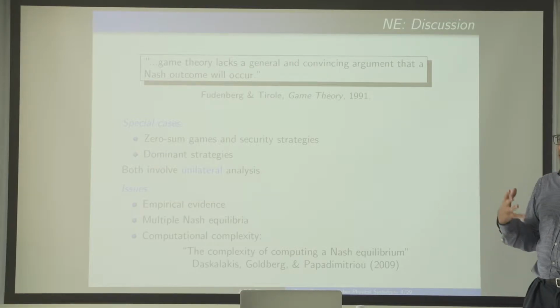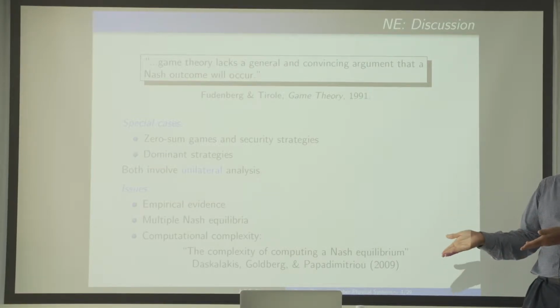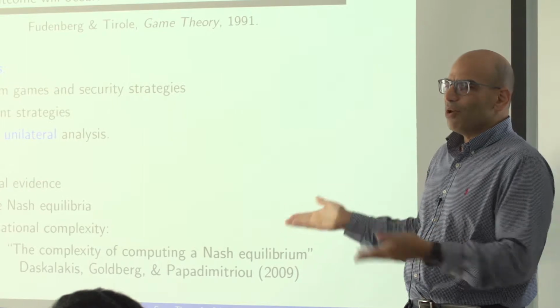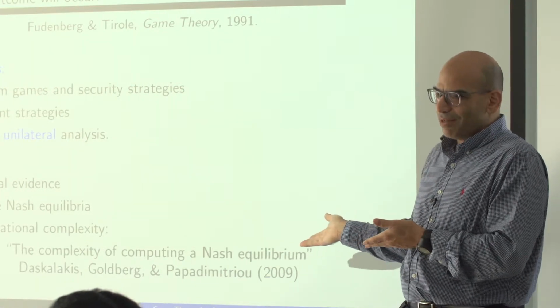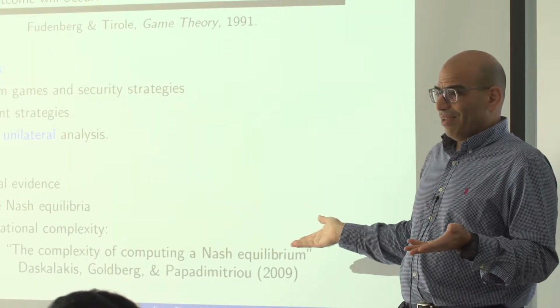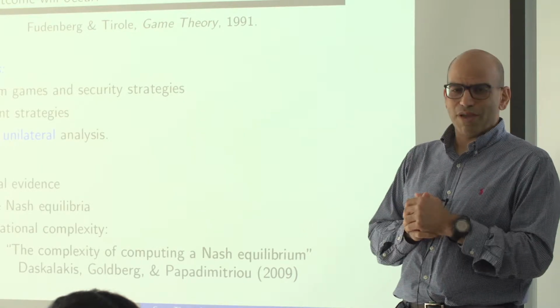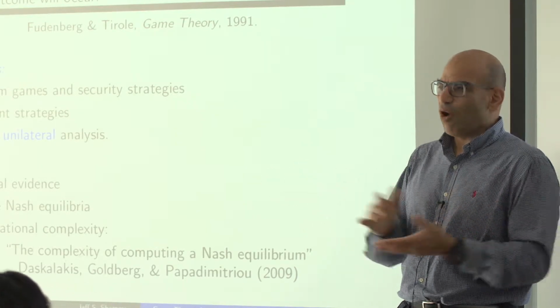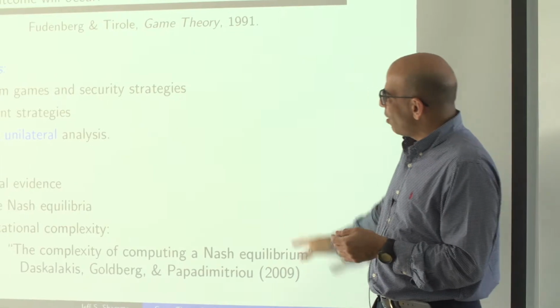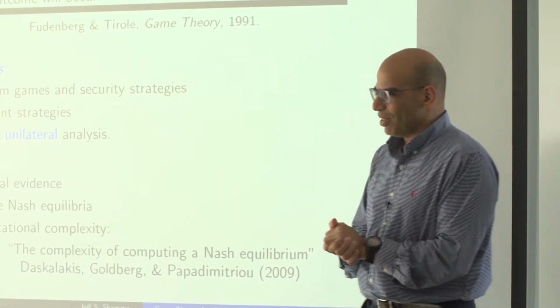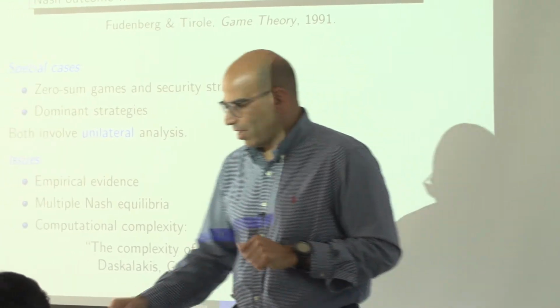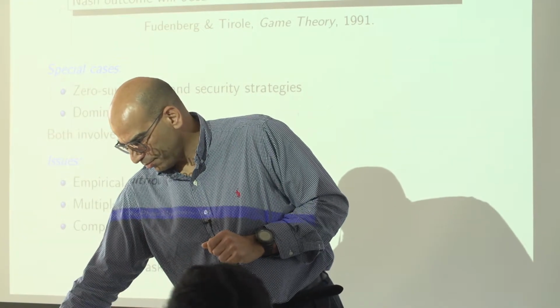Okay, so why should we believe in Nash equilibrium as the outcome of two human players, where the computational complexity is such that it's not reasonable to assume that a computer can compute a Nash equilibrium having all information? So there are issues associated with Nash equilibria as a solution concept.